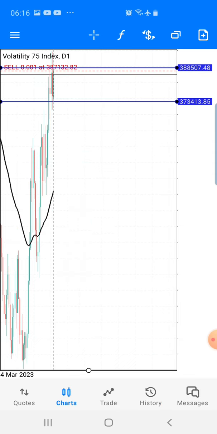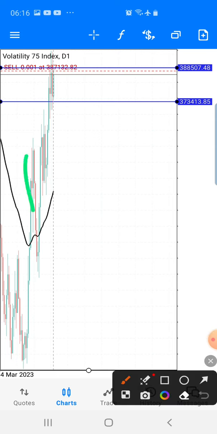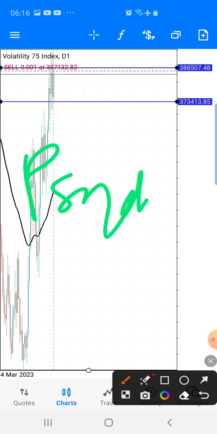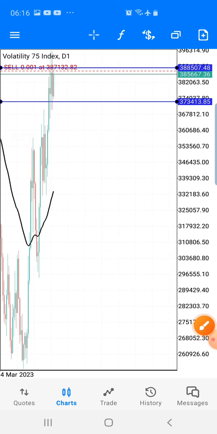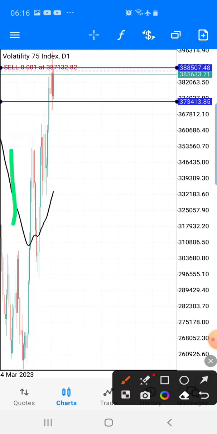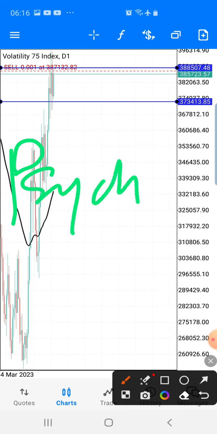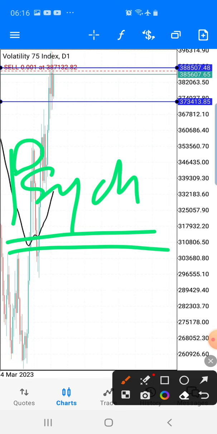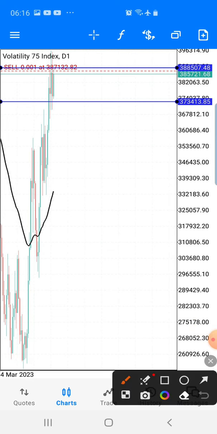Now how do you avoid this, or rather, what is the psychology behind this movement? Because when you understand the psychology behind this, you'll be able to avoid it. These people already know what is popular and what traders use.